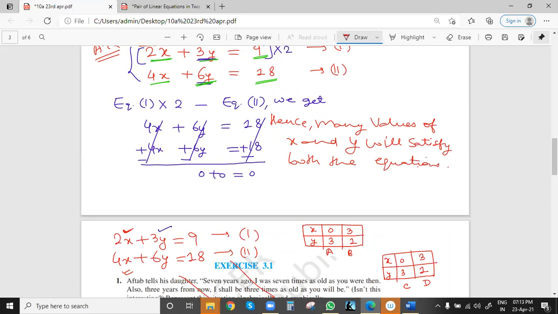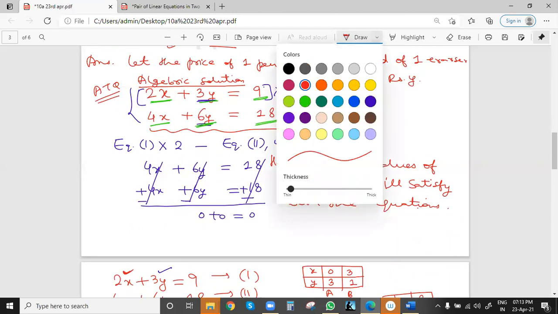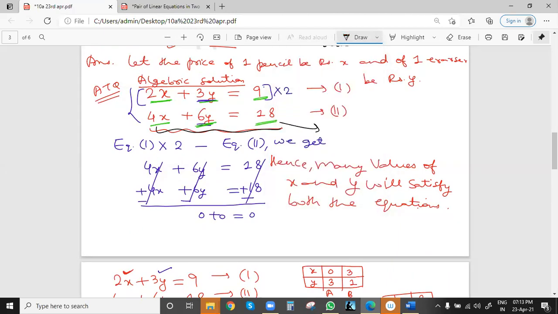Actually both the equations are same only. We can divide the second equation by 2 to get the same first equation, 2x plus 3y equal to 9. We get the previous equation only.